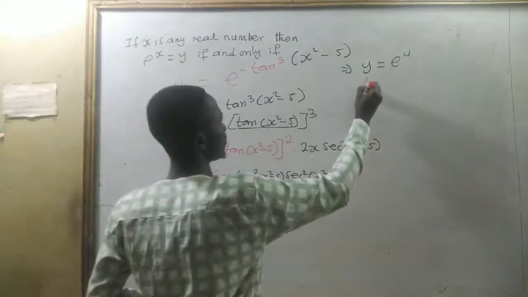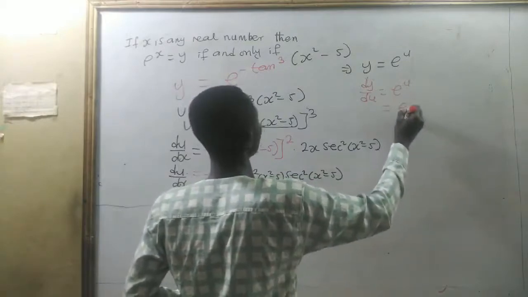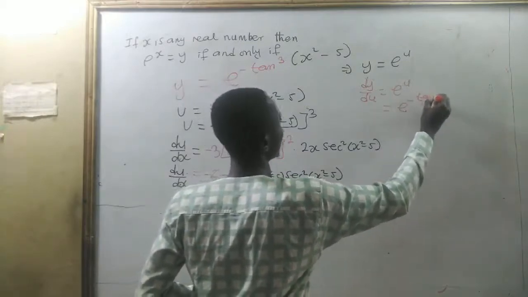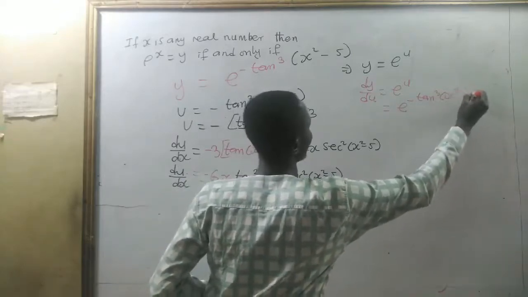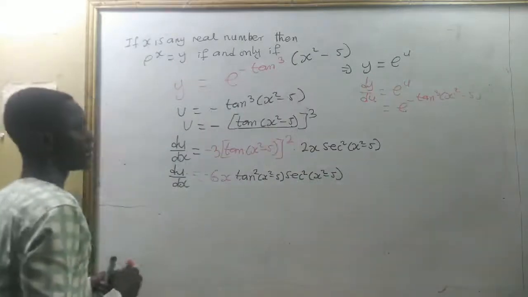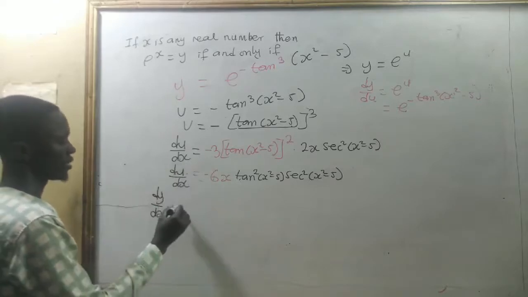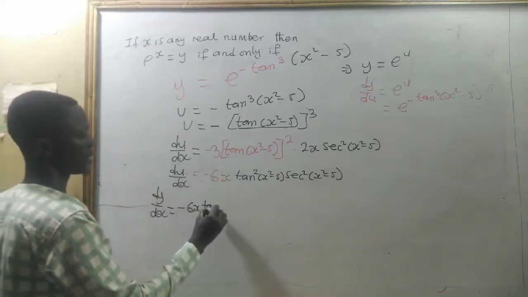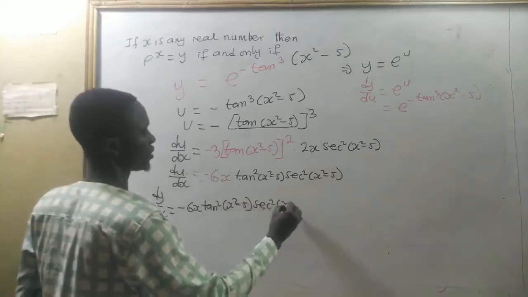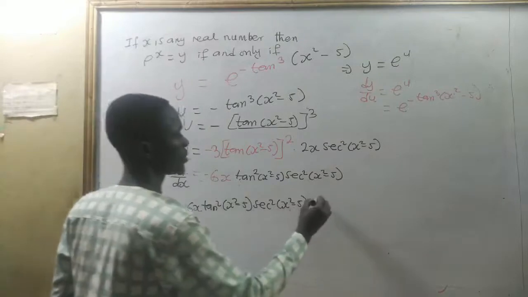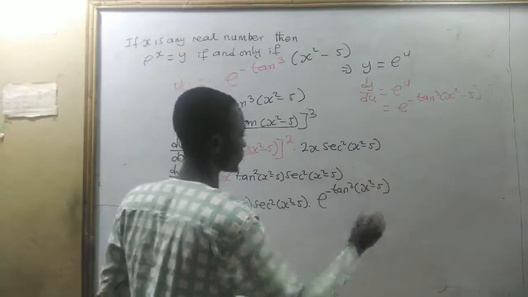So here the derivative of y with respect to u is equal to the same e to the power u, which is e to the power negative tangent cube of x squared minus 5. So now you can quote the derivative of y with respect to x to be equal to du dx, minus 6x tangent squared x squared minus 5 secant squared x squared minus 5 times e to the power negative tangent cube x squared minus 5.